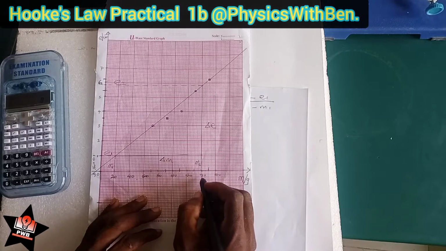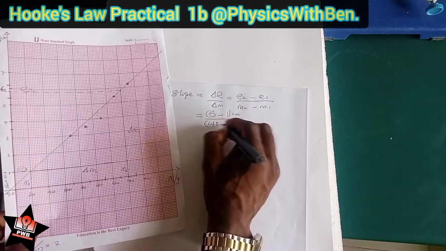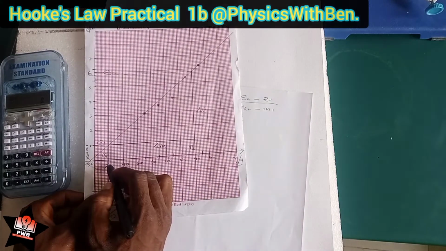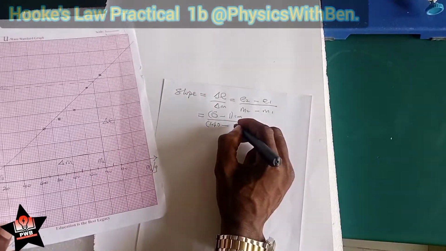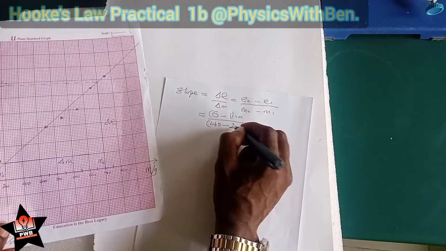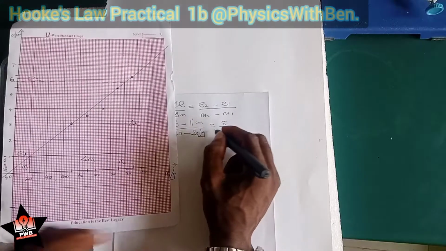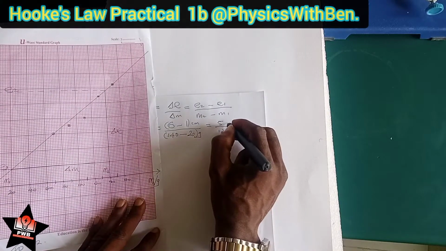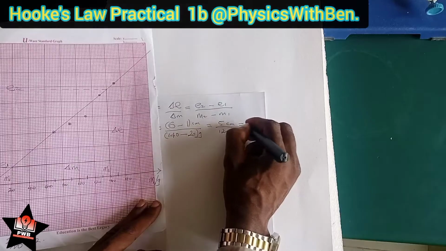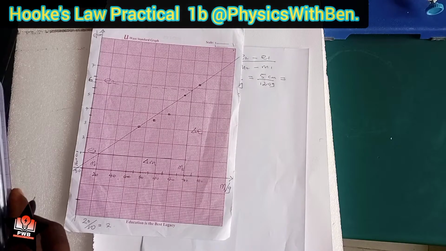Our M2 is exactly on 140 grams, minus 20 grams. All in grams. You have 5 cm divided by 120 grams. Do that correctly, you have 5 divided by 120.